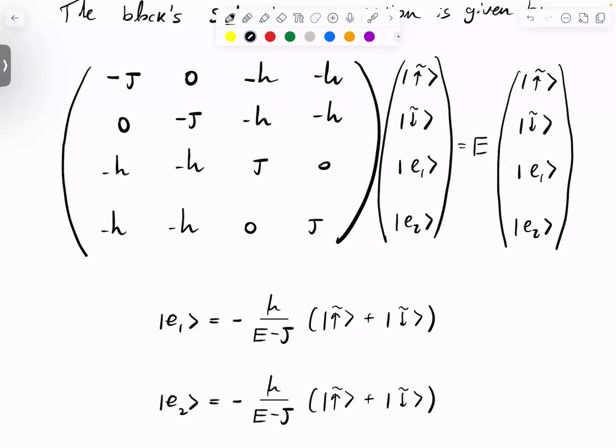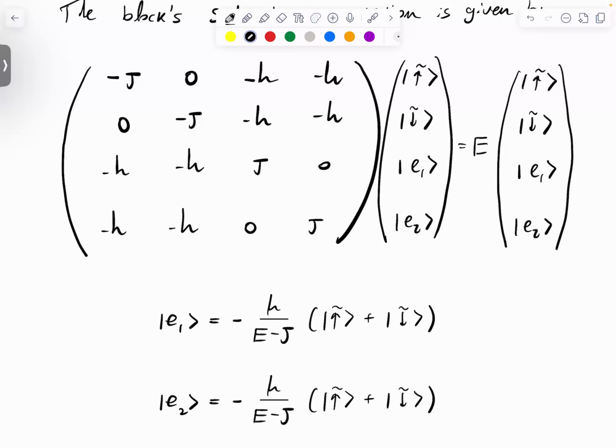Basically, what it's telling us is that the virtual occupation of E1 and E2 is equal, and there's a symmetry between them, so there is no reason why they should be occupied at a different level.